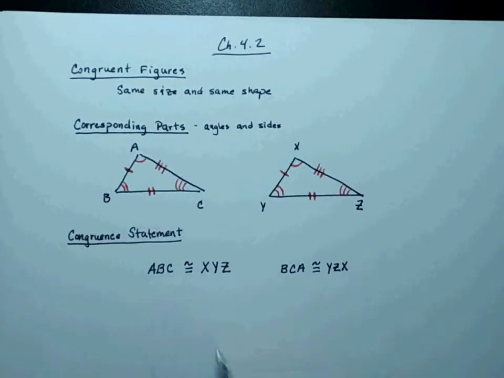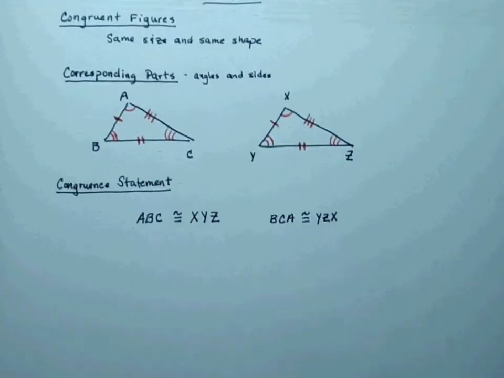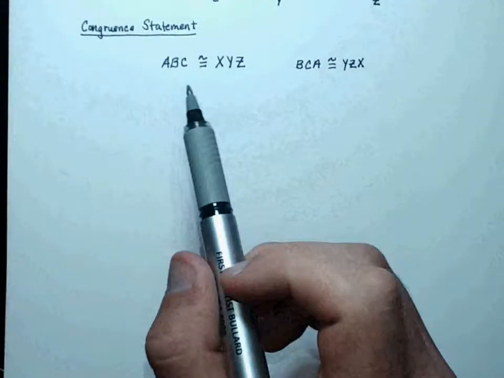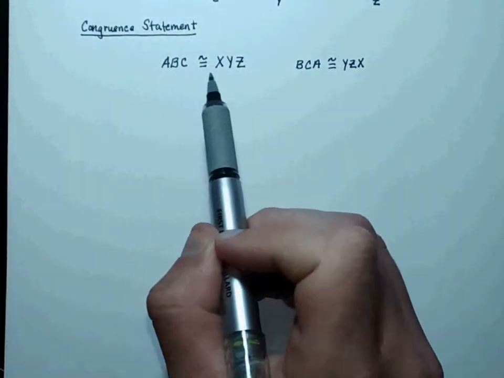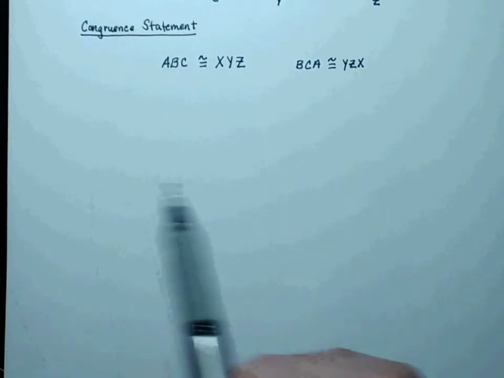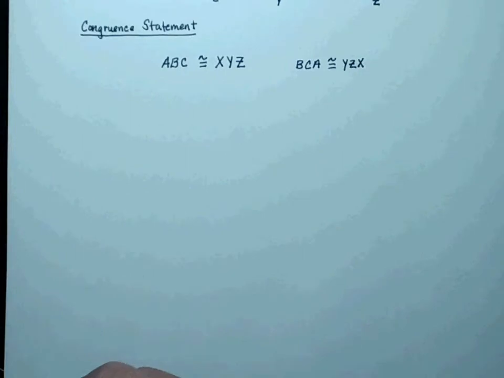Because this shows you, if we pretend that we didn't have these pictures and we just had the statements, by this statement I could see that A is congruent to X, B is congruent to Y, C is congruent to Z, without even having a picture.